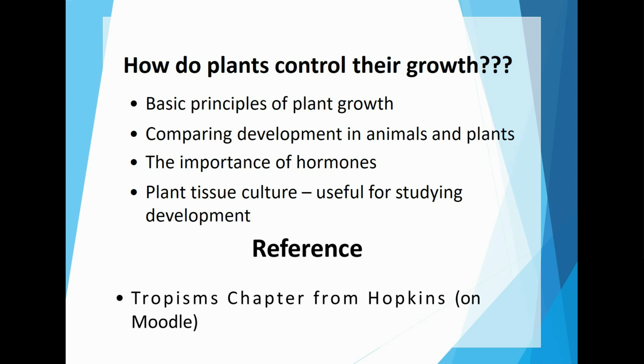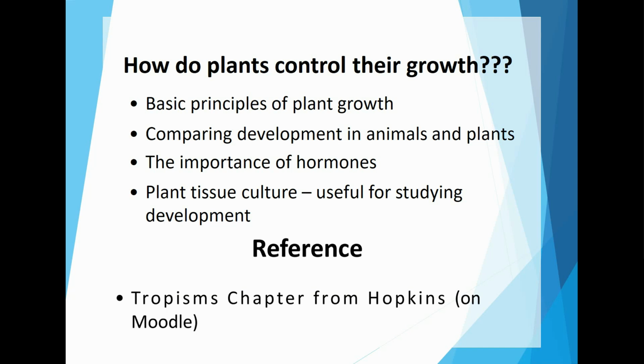And then plant tissue culture. Plant tissue culture is where my main focus for my PhD is, which is growing a plant in aseptic, completely sterile environments, no fungi, no bacteria, no germs, and seeing how plants grow on agar, which is an alternative to soil. You might want to consider reading the chapter from Hopkins.